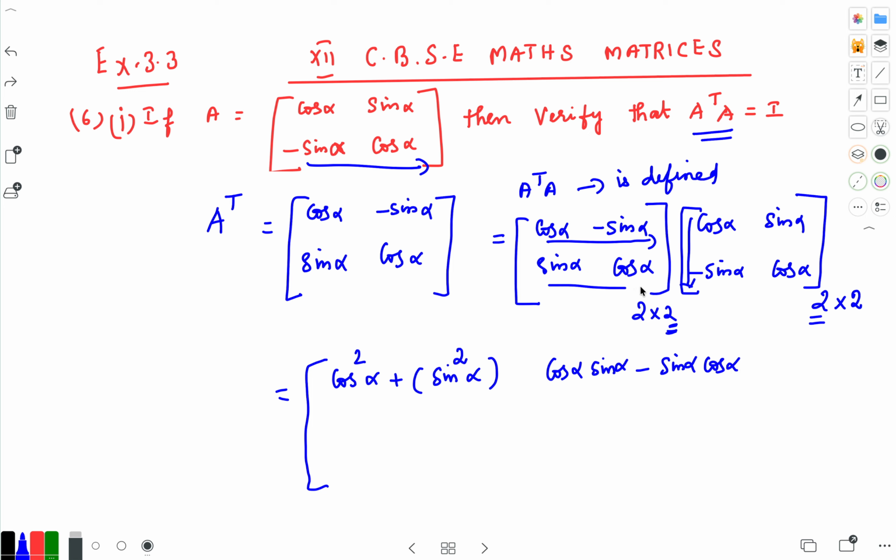Next, the second row with the first column: sin alpha into cos alpha minus cos alpha into sin alpha.